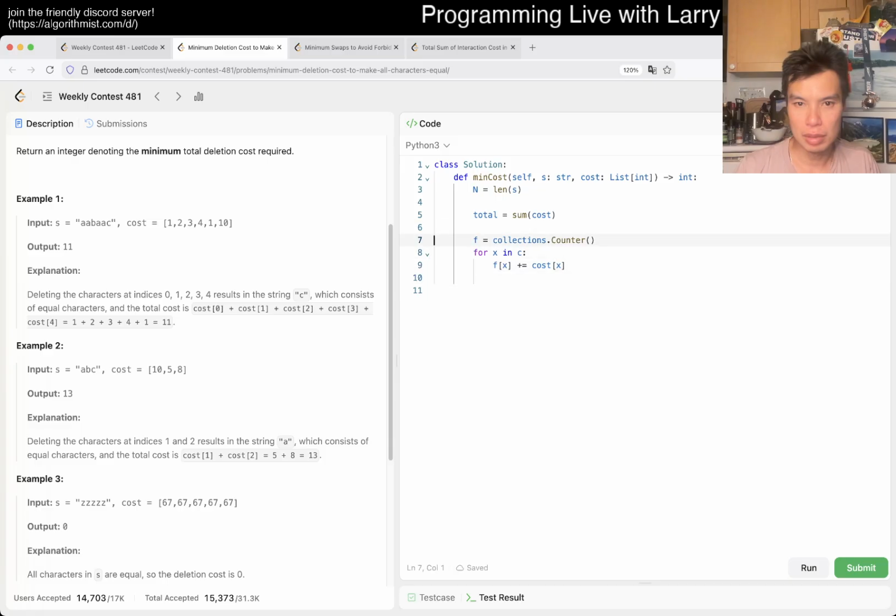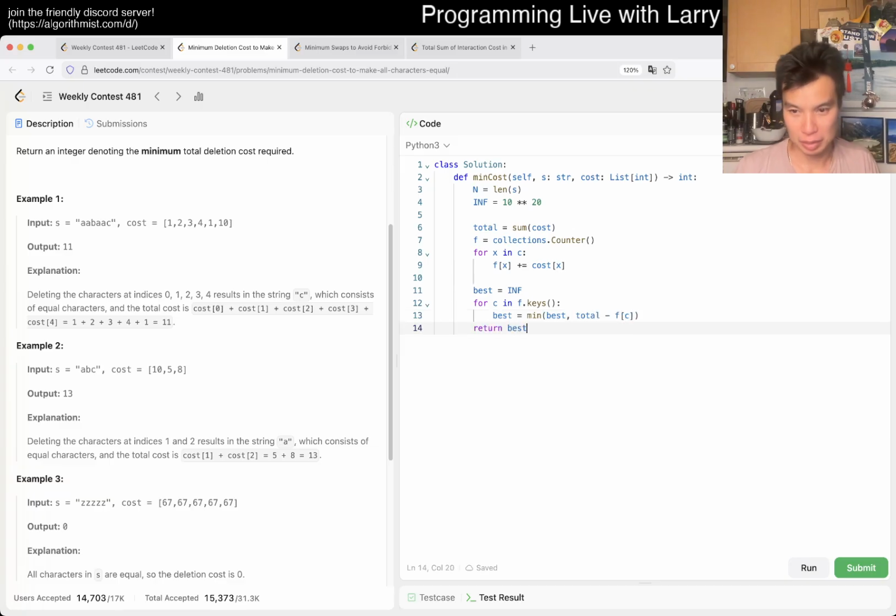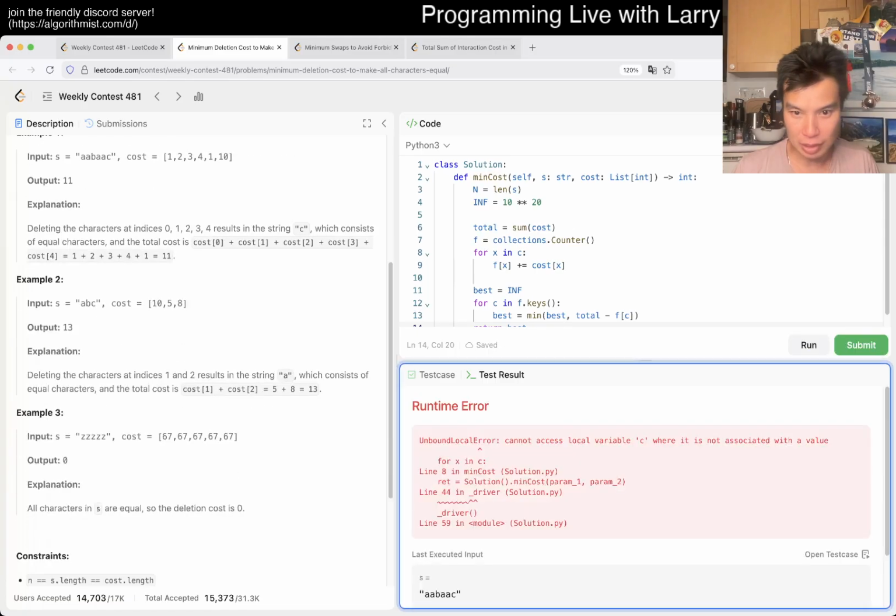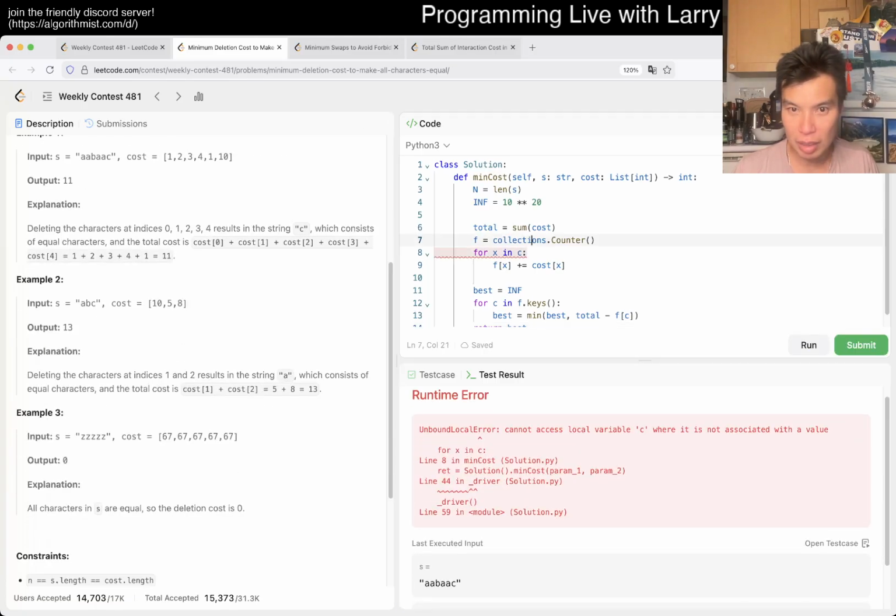Okay, right, and then now, the equal thing still bugs me a little bit, not gonna lie. Something like that. I think 11, 13, 0. Why did I write C there?